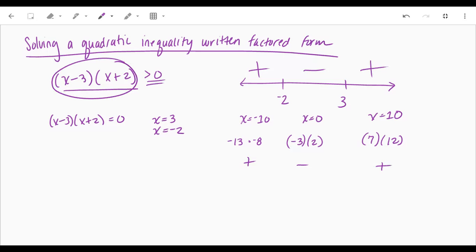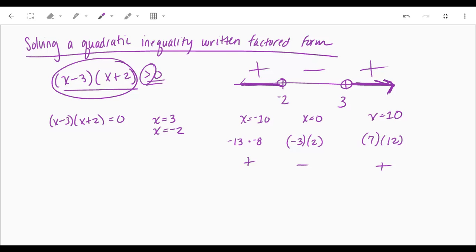Okay, so I'm going to shade in where it's positive. Okay, and then you have to ask yourself if you're going to shade in the points or not. Since it's just greater than, not equals to, we're going to leave them as open points. Okay, so there is your solution on your number line.